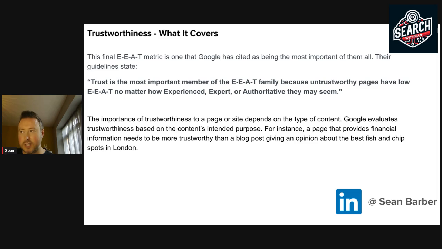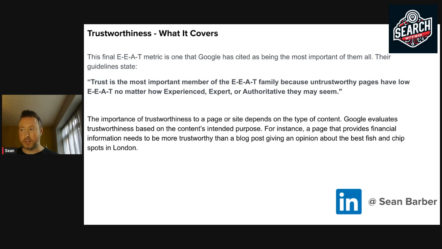So trust is the most important member of the EAT family, because untrustworthy pages have low EEAT, no matter how experienced, expert, or authoritative they may seem. That's from Google. The importance of trustworthiness to a page or site depends on the type of content. So Google evaluates trustworthiness based on the content's intended purpose.